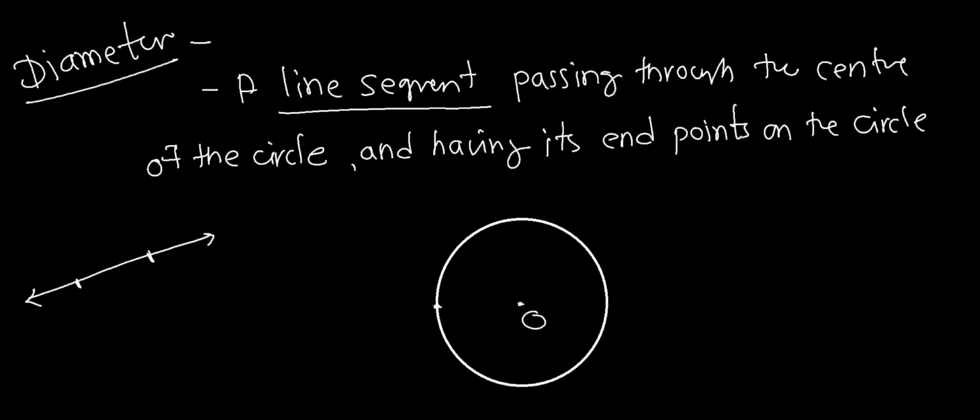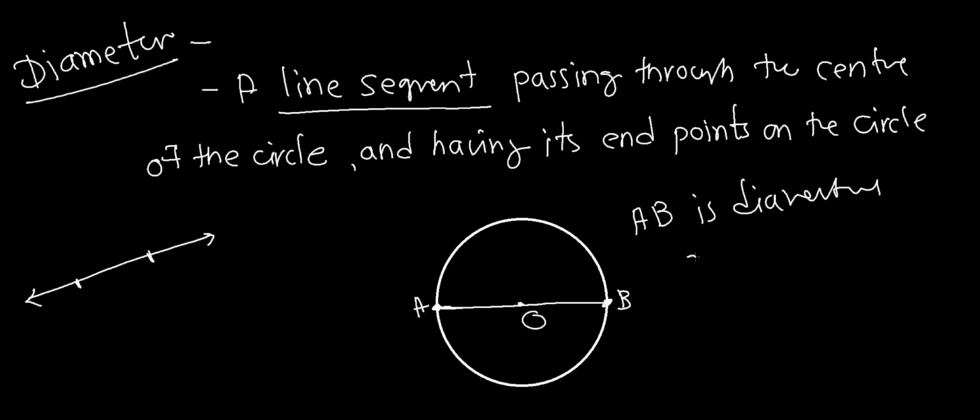So we can say a line segment passing through the center of the circle and having its endpoints, this is the first end, this is another end, on the circle itself. So if we say point A and point B, this makes the line segment a diameter. So here AB is the diameter of the circle with center O.